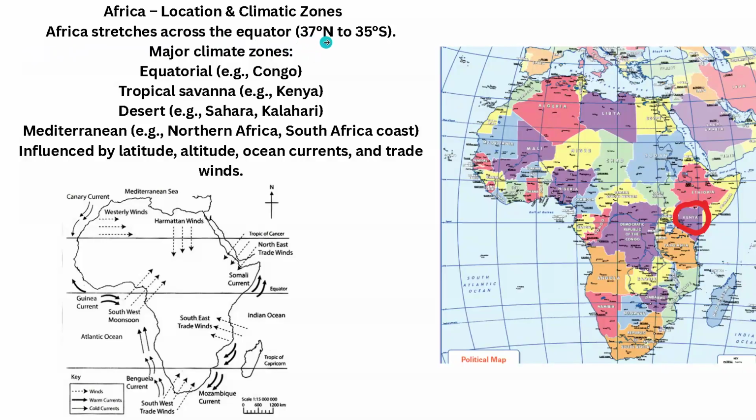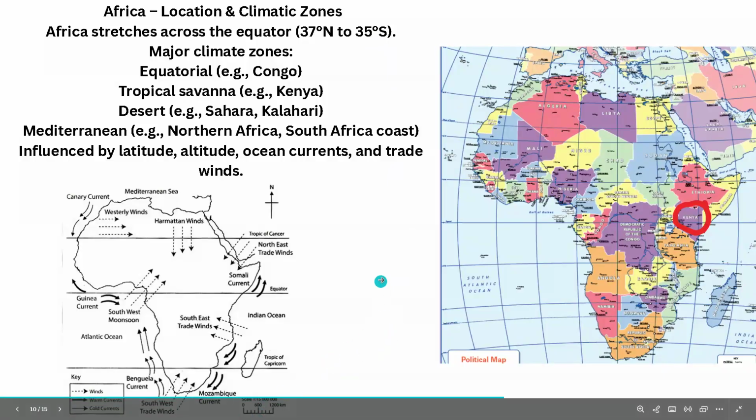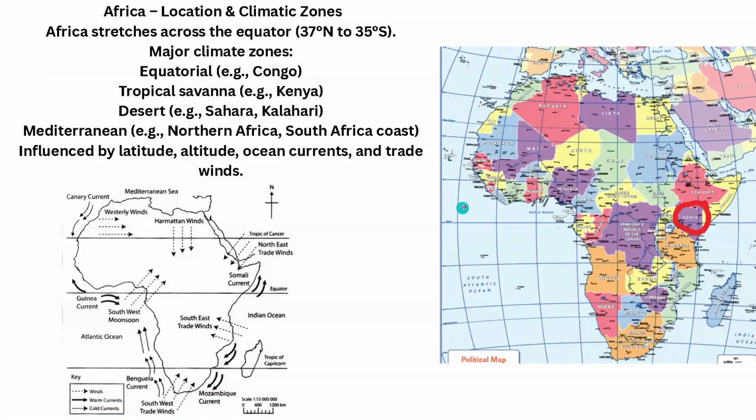In the north, it is 37 degrees north, and to the south, it is 35 degrees. So, in both hemispheres, you will find the equator, 0 degrees, is here. So you can see, among the major climatic zones, you will find the equatorial type of climate. You will find savanna grasslands.